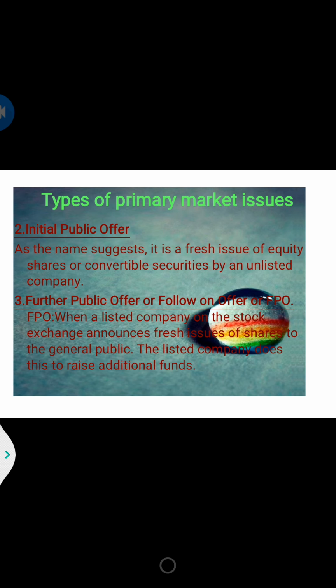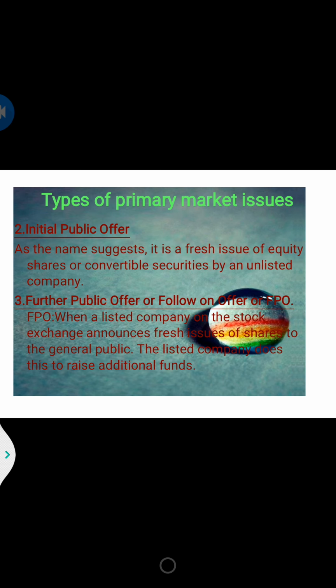These securities were not traded previously and are offered for sale to the general public. After the process of listing, the company's shares are traded on the stock exchange. Investors can buy and sell securities after listing in the secondary market. This we call an initial public offering.